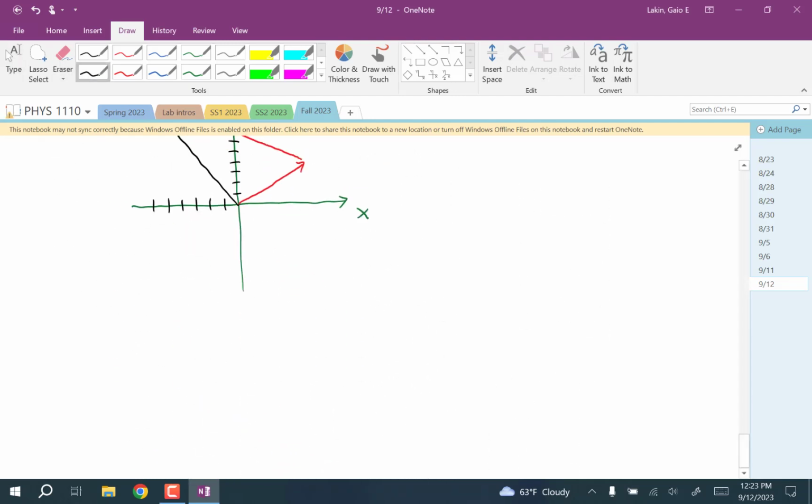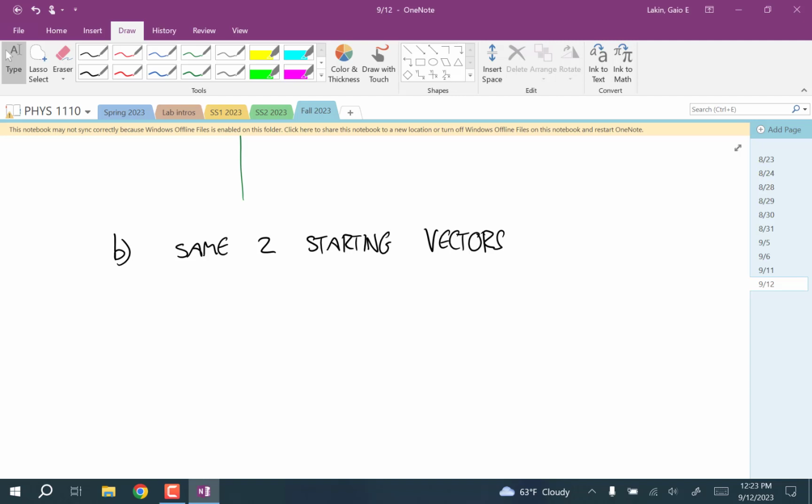Okay, so now for part B, let's use the same two starting vectors. But this time you're going to calculate their components in a coordinate system like this, with the x-axis up and the y-axis to the left.